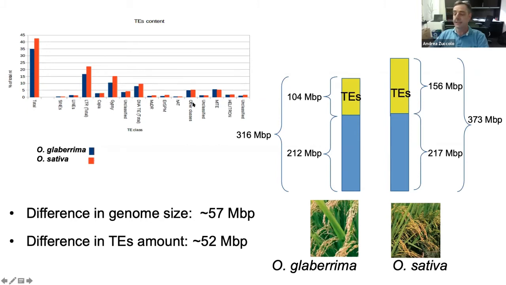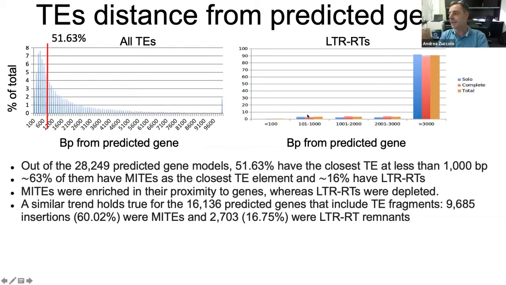And that means that the Ts alone can explain the difference in genome size between these two closely related species. We studied the distance of Ts from predicted genes there, and out of more than 28,000 genes, more than half of them has the closest T at less than 1 kb.